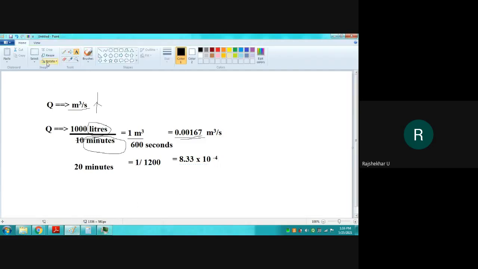So this is the discharge, and this number is smaller compared to the previous number. If the Q value is higher, then the tank will be filled faster. If the discharge is a smaller value, then it takes more time.